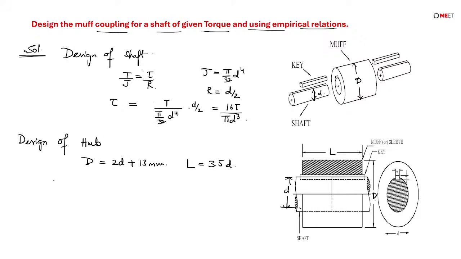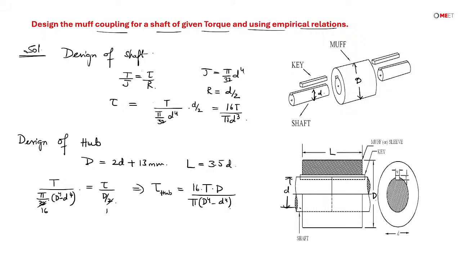So for the hub, T by J, which is pi by 32 into capital D power 4 minus small d power 4, is equal to tau into capital D by 2. Upon simplification, the shear stress of the hub is equal to 16 into torque into capital D divided by pi into capital D power 4 minus small d power 4.